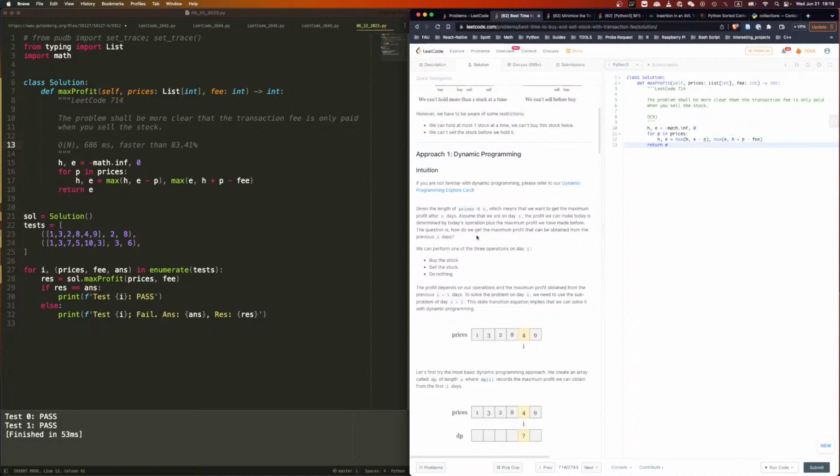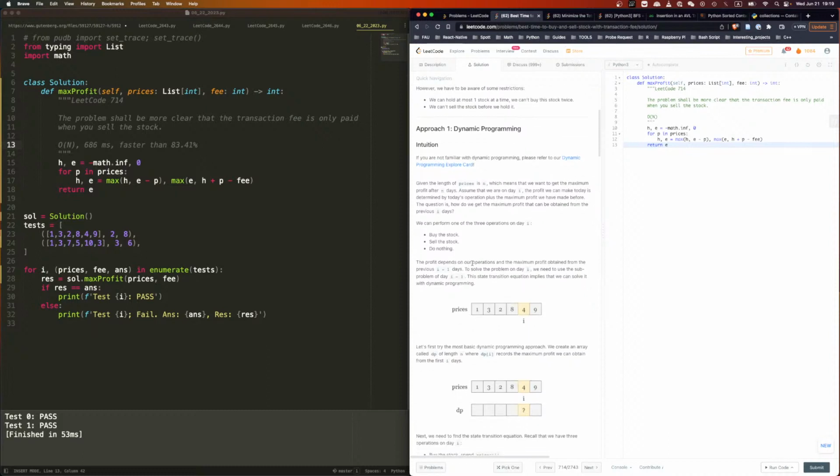The question is, how do we get the maximum profit that can be obtained from the previous i days? Buy the stock, sell the stock, do nothing. Yes, the profit depends on our operations and the maximum profit obtained from the i-1 days.